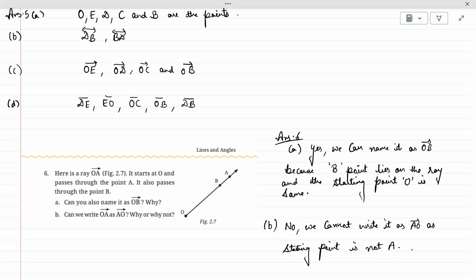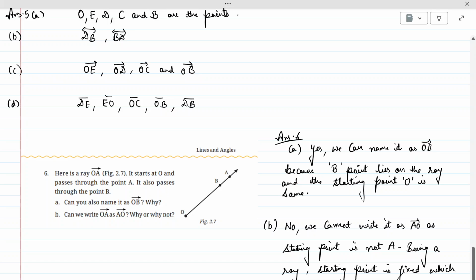Being a ray, the starting point is fixed, which is O in this figure.